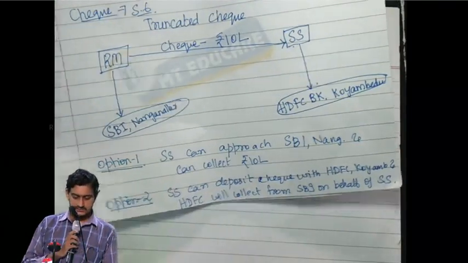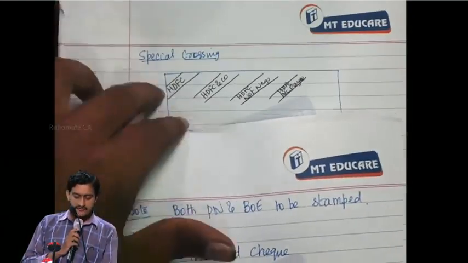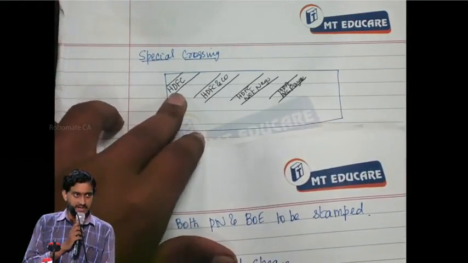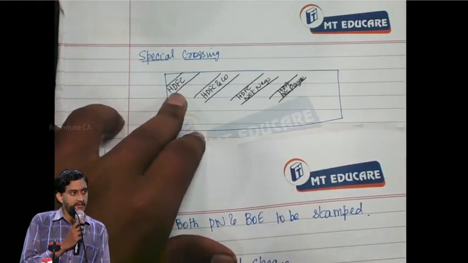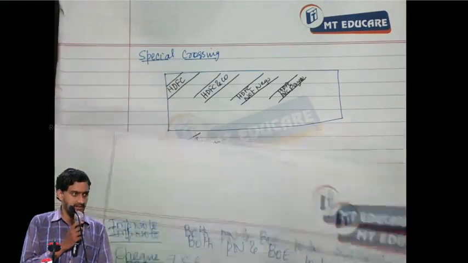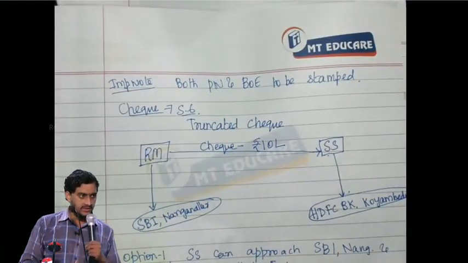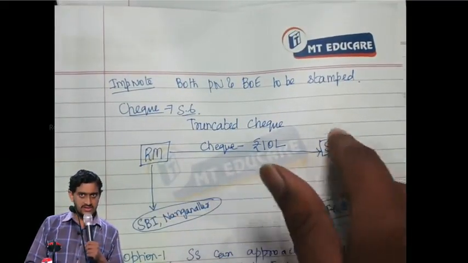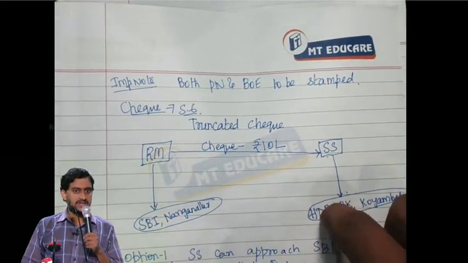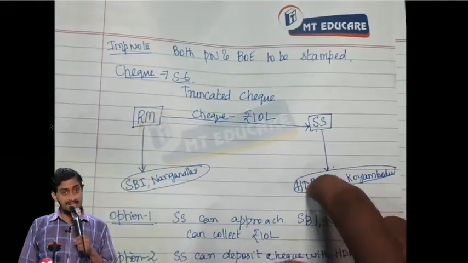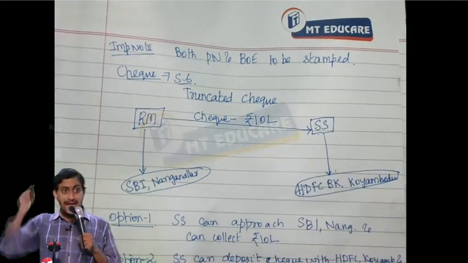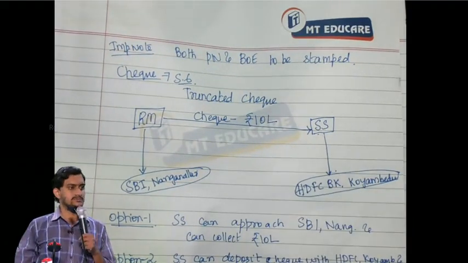Suppose I have mentioned it as HDFC Bank here. What does that mean? Suman should send it for collection only through HDFC. Suppose HDFC Bank, a bank can also have a bank account, no?